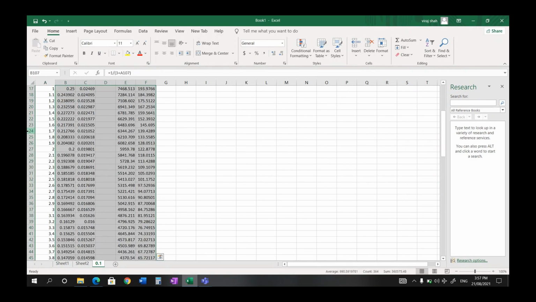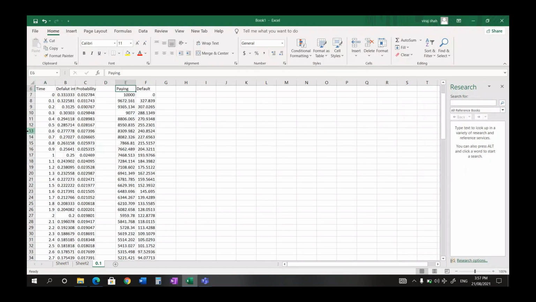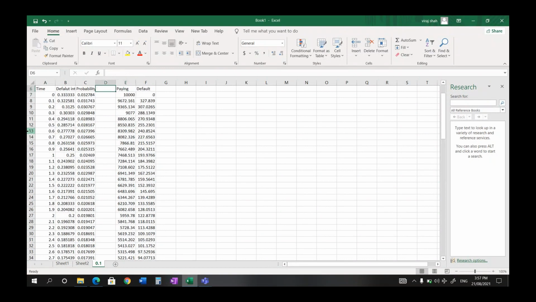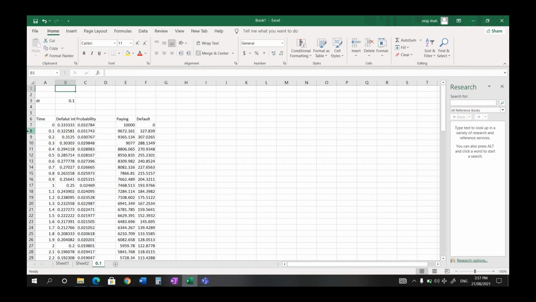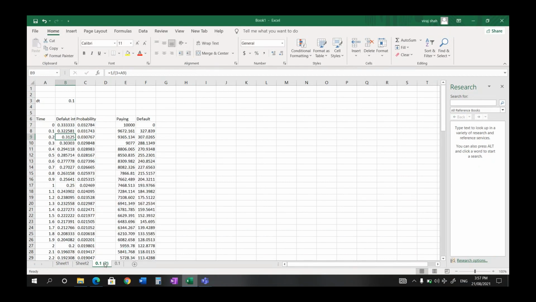I just dragged it, and I got this answer. You have to do that much only, because the formulas for everything else are exactly linked to your lambda t. Lambda t is basically linked to your dt. So everything is directly linked and you do not have to do anything. Similarly, we'll make again a copy. We'll make this 0.01 as asked in the question.